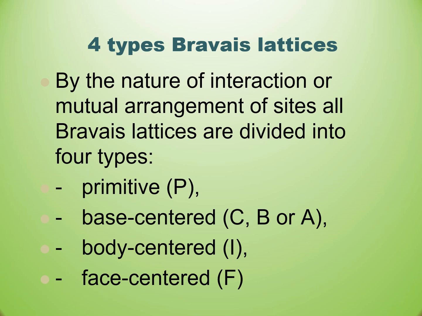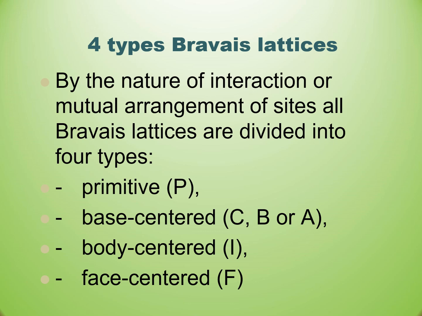The simplest type, the primitive, designated by P; base-centered, C, B, or A, depending on the type of faces; body-centered, the symbol I; and face-centered, the symbol F. In a primitive cell, P lattice sites are located only at the corners, and complex cells have more sites.